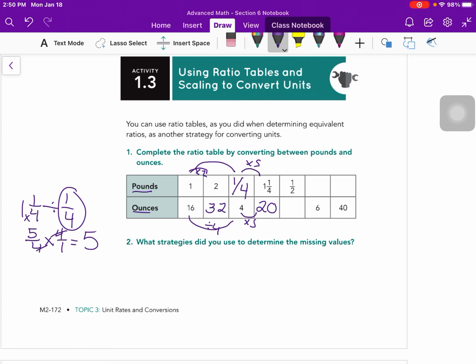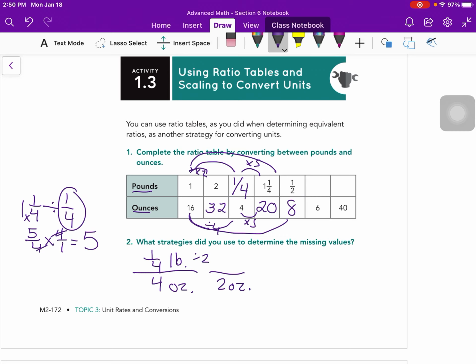To do a half, I could take half of 1. So half of 16 would be 8. To get the 6, I would probably do, well, if I know 1/4 pounds are in 4 ounces, how many would be in 2 ounces?